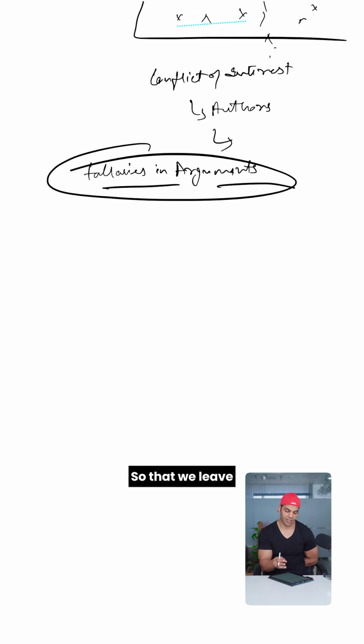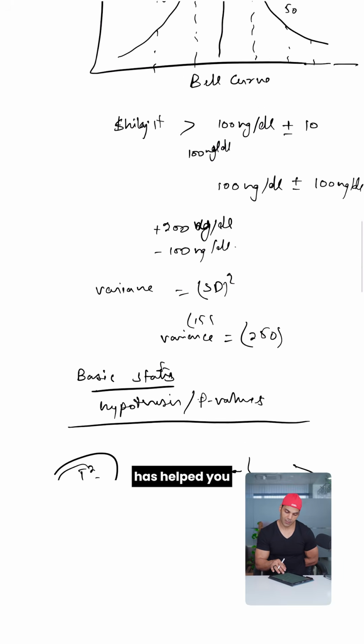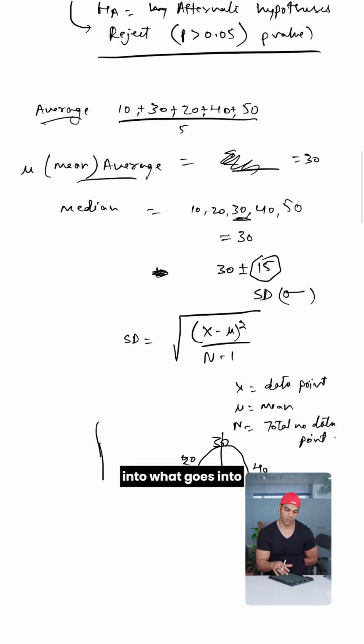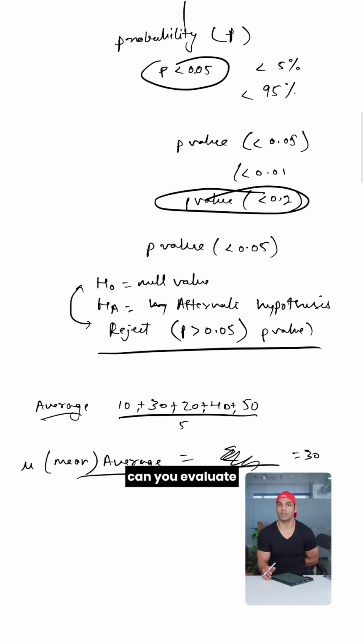So that we'll leave for part 3 or part 4 of the video. We'll see depending on how long the videos get, but I hope this little exercise has helped you understand more about what goes into research, how you analyze a study, how you can evaluate them, and a little bit of how to check the data.